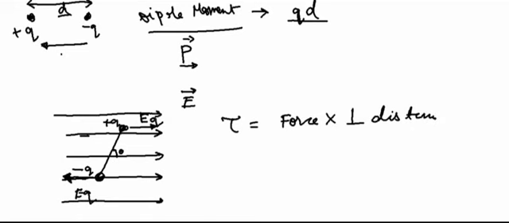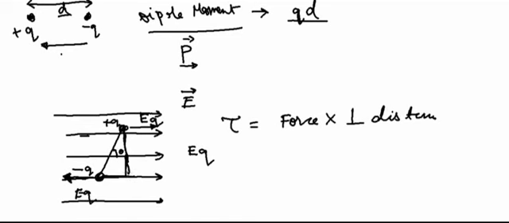So the magnitude of the force is Eq, so I can replace the force by Eq, and the perpendicular distance. It is at an angle, so the perpendicular distance between these two forces, if I draw a perpendicular to both lines, will be something like this.